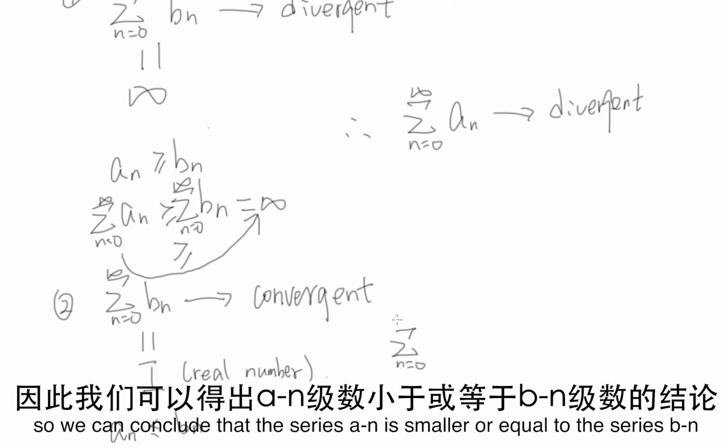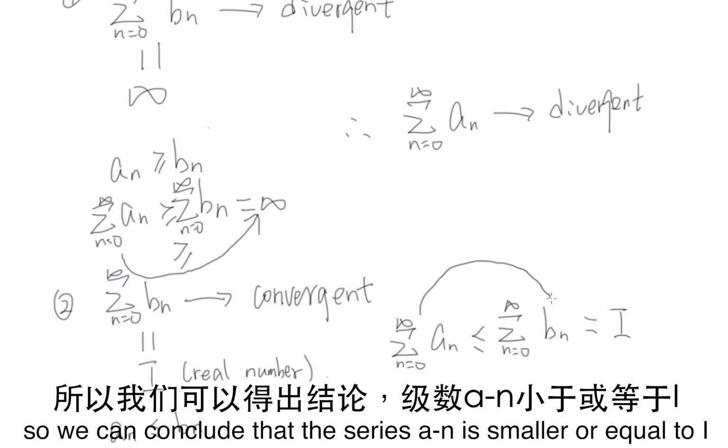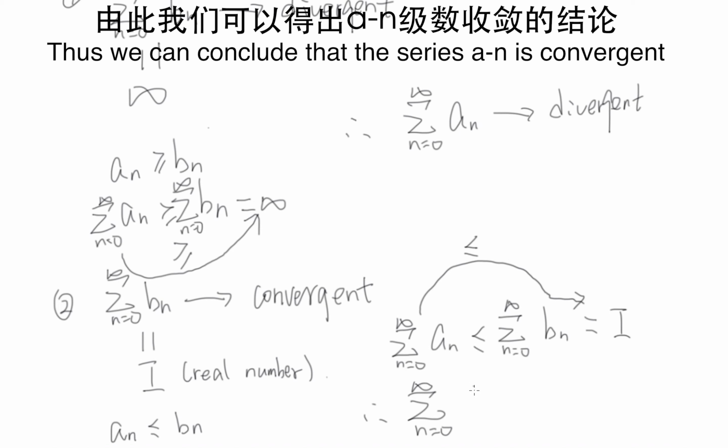So we can conclude that the series an is smaller or equal to the series bn. And because the series bn equals L, we can conclude that the series an is smaller or equal to L. Thus, we can conclude that the series an is convergent.